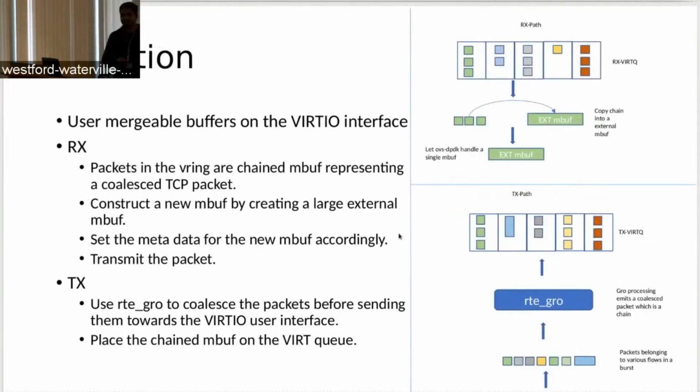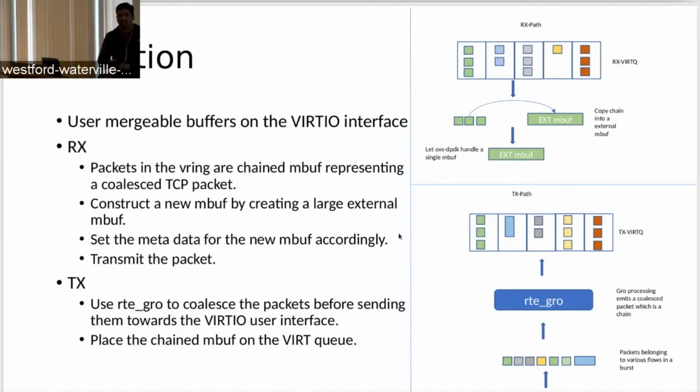What we ended up doing was, for the virtio-user, we used the mergeable RX buffers, and right on the RX side, right after we receive the packet from the virtio RX rings, we allocate an external MBUF and then copy these small segmented MBUFs into one single humongous extended MBUF, and then send it across our OVS-DPDK packet processor.